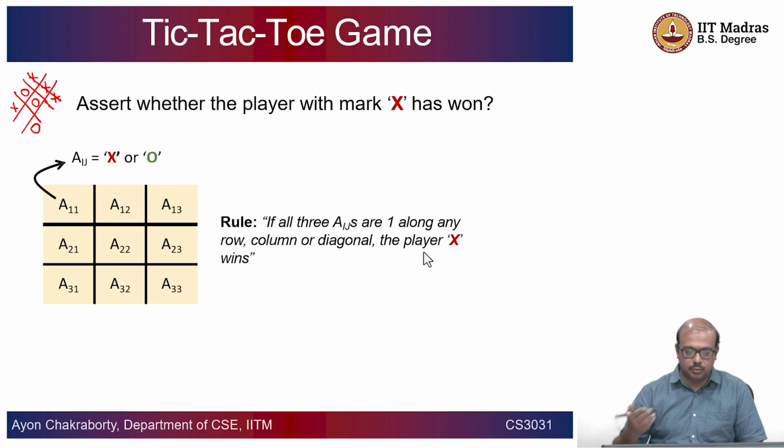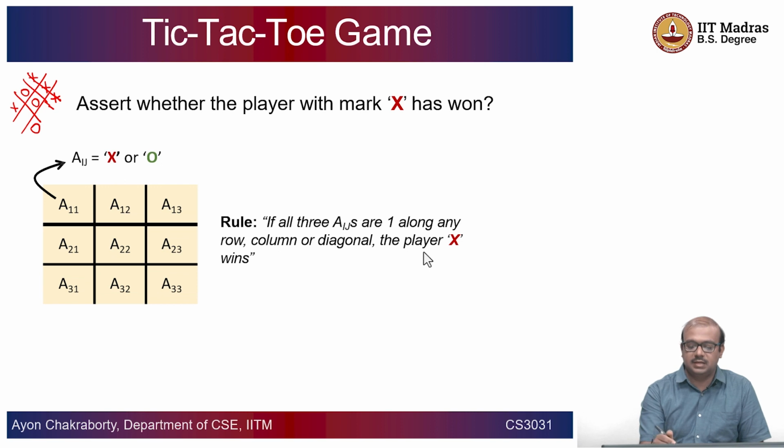Zero, whoever is putting the zero or this circular thing has won. So if you see, the rule is this: if three AIJs are 1 for either X or O along any row, column or diagonal, the player wins.